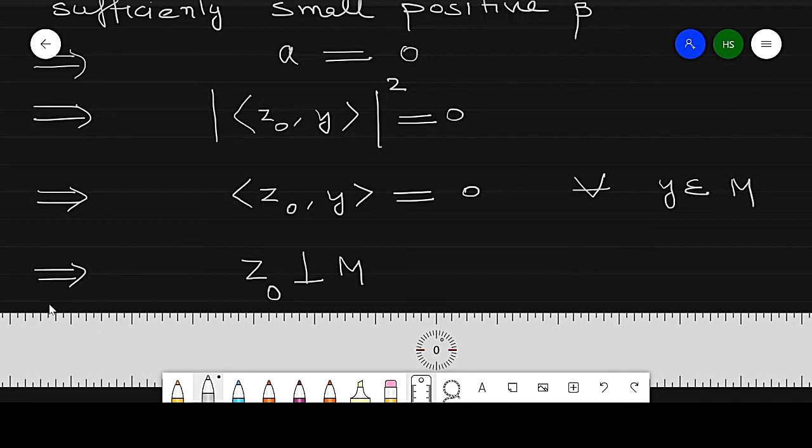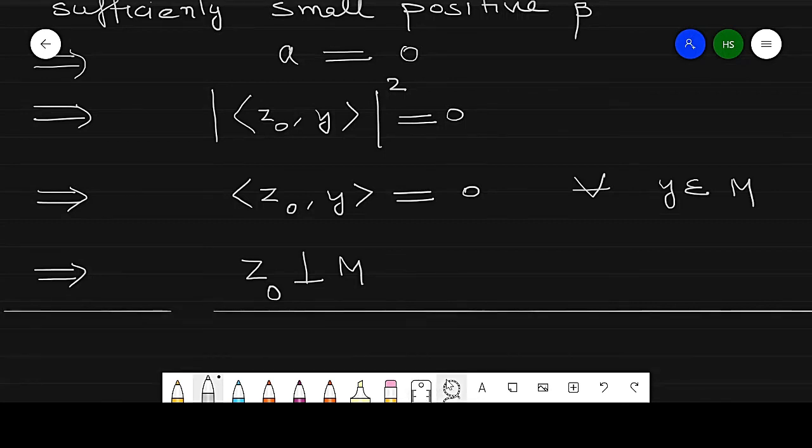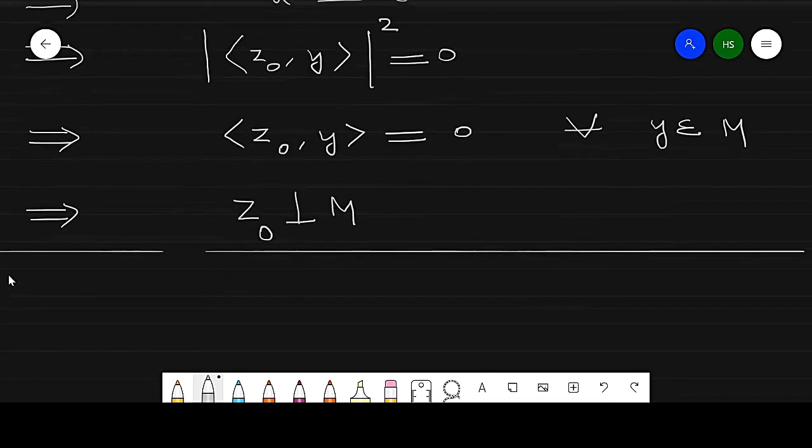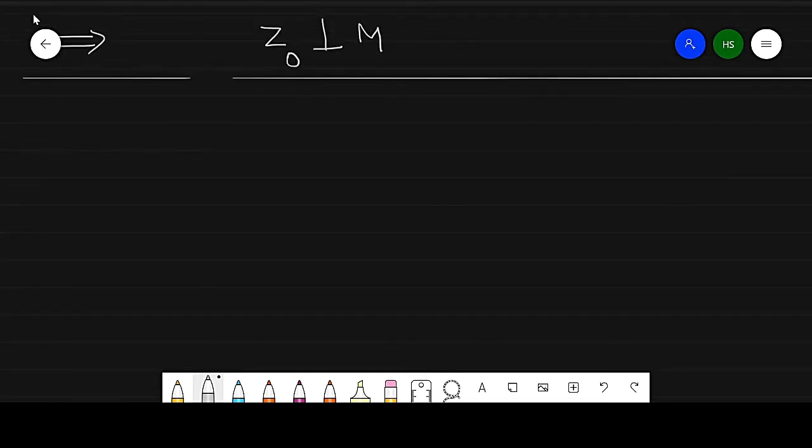Now the next result is again very important. So all the results are basically important. This is the statement of the next theorem.